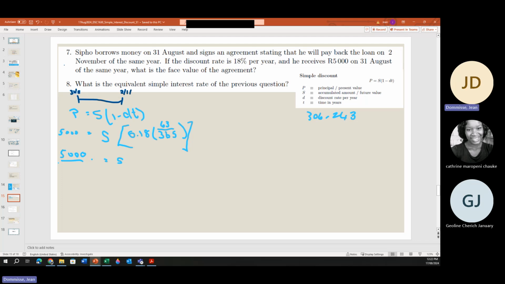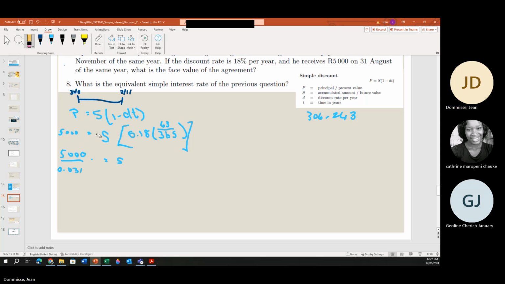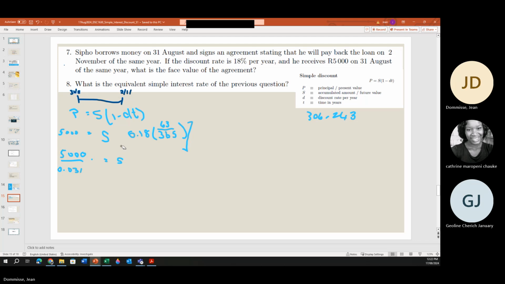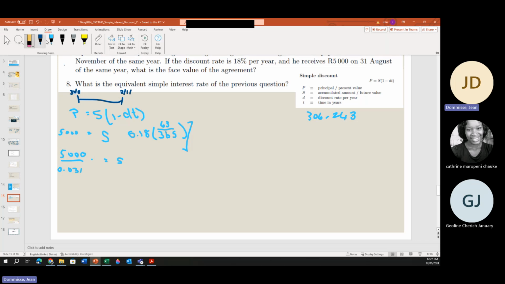So we need to divide 5,000 by 0.031. Okay, made a mistake. I totally forgot about the 1 minus, so I only did the dt component. Very easily how quickly one makes a mistake.